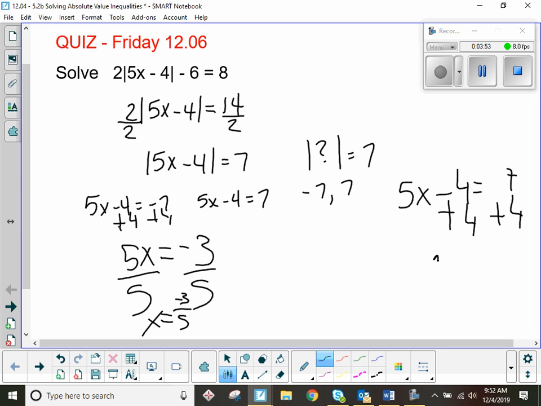So now he's adding 4 over there, but that 7 was positive, so we have 5x equals 11. X equals 11/5. All right, thank you so much. Did anybody convert to decimals? I take decimals. It's okay. I don't mind if you put decimals. It's no big deal. So 11/5 and negative 3/5.